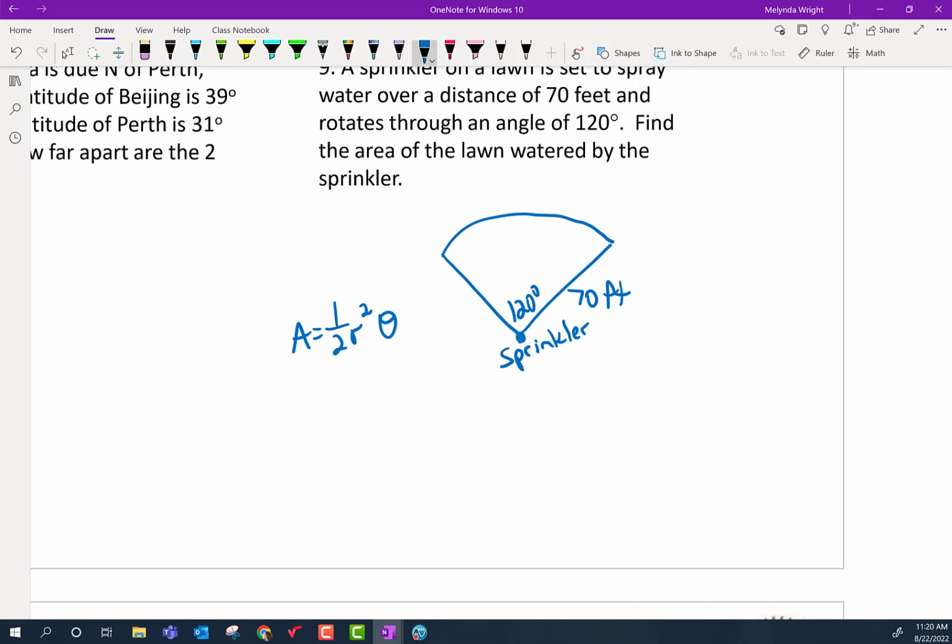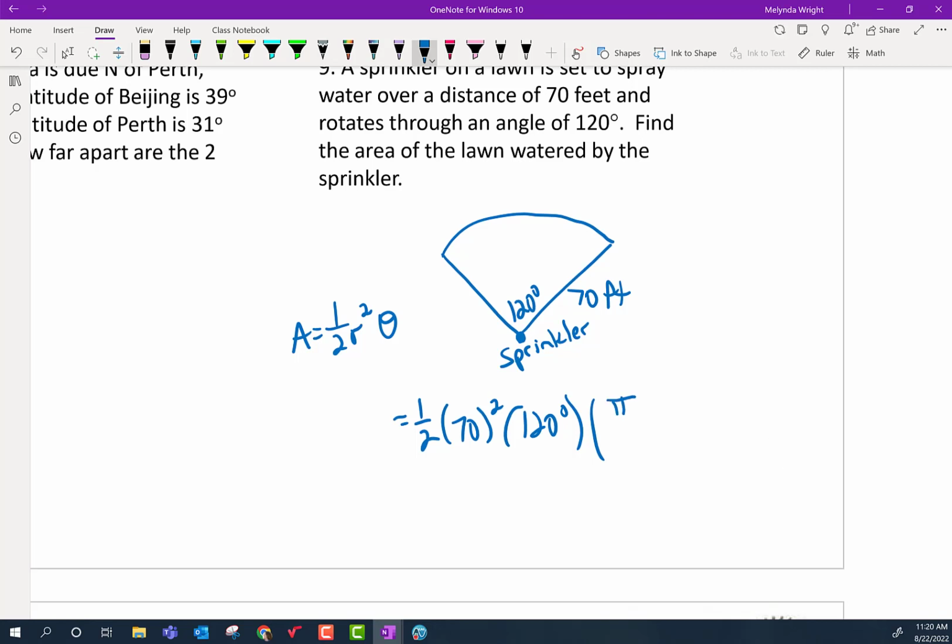Let's see what we have. So we've got one half. Radius, we got that, 70 squared. Now, we've got theta, but is it in the right mode? No. So I'm just going to tack on the end right here the conversion, because I'm just going to stick all this in my calculator at once. There's no sense in fixing things one thing at a time. So 120, let's see, what is our conversion factor?